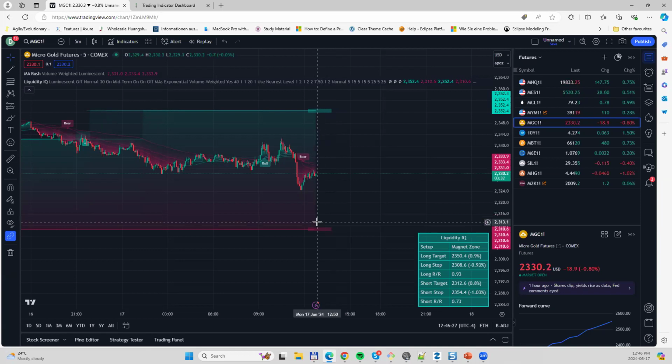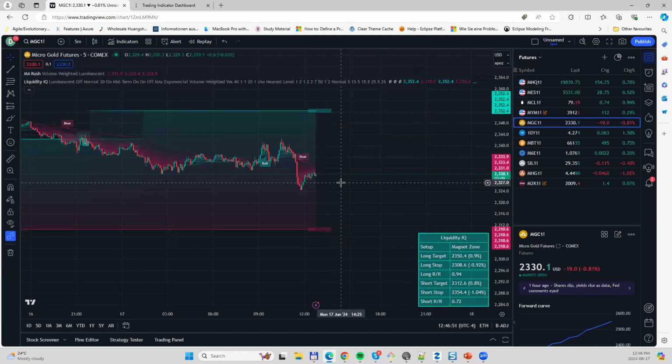And our stop would be at 2,354, above this resistance zone, with a reward risk ratio of 0.73. It's not great. I definitely always want to see a reward risk ratio greater than 1. But what you can do here is you can be patient, perhaps wait for price to pull back a bit further to improve your reward risk ratio, and then enter into this short trade.